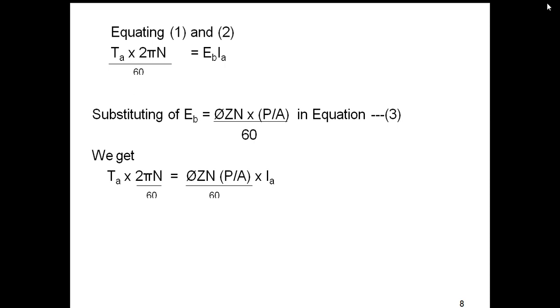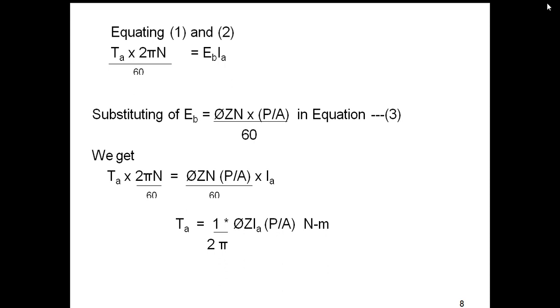Here we cancel the terms common on both sides, that is N by 60 and N by 60. Then we get the equation for torque developed in the armature, TA, which is equal to 1 by 2 pi into phi Z IA into P by A Newton meter.